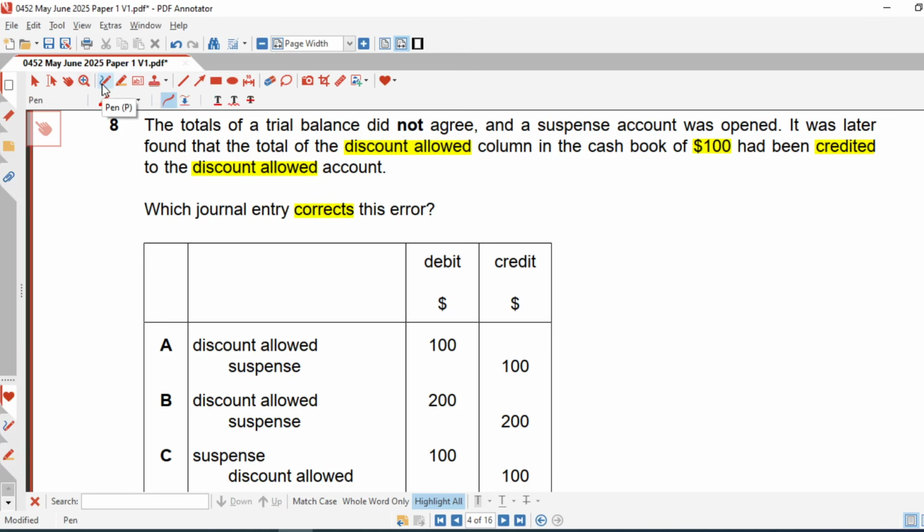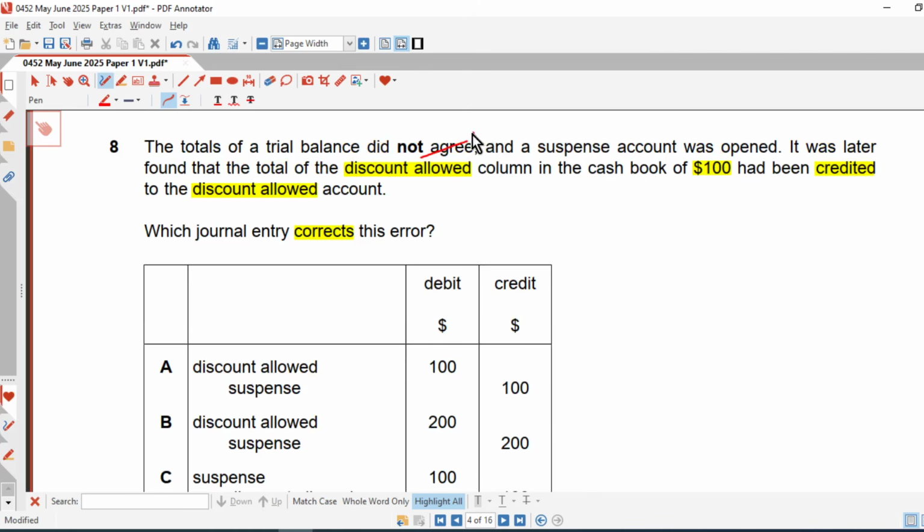Right, so we've done something wrong here. It was a discount allowed. So by default, discount allowed is an expense, right? You're giving a discount. So this 100 should have been on the debit side, but it was credited to the discount allowed account. So it's supposed to be on the debit, but we have parked it on the credit side.